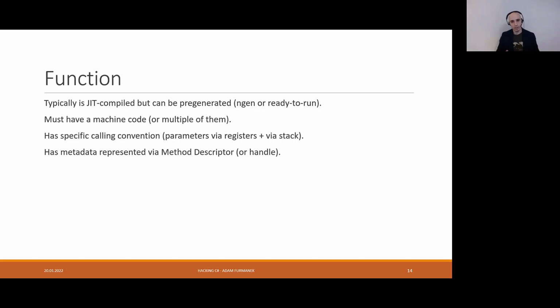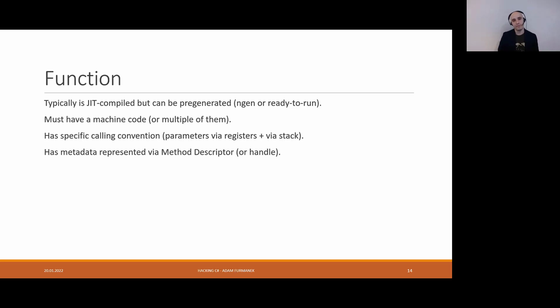Now, when we are talking about compilation from intermediate language to machine code, we need to deal with multiple other low-level things, which we typically do not think of when we are just writing C Sharp, right? Those things include calling convention. Those things include how parameters are passed, whether it's via registers, via stack, via some well-known location, global variables, or whatever else.